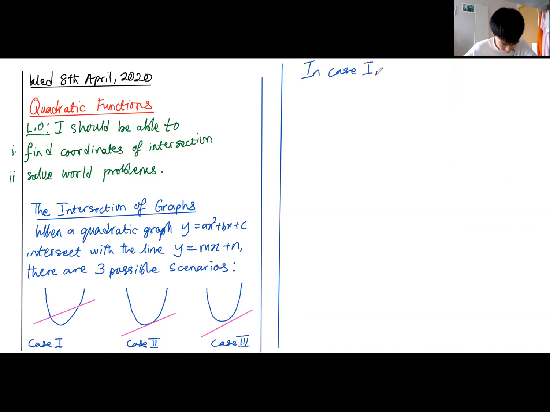Case one. The quadratic equation actually formed.